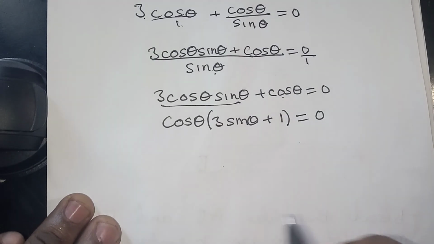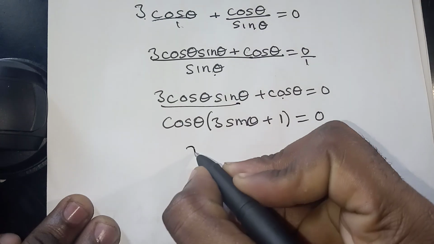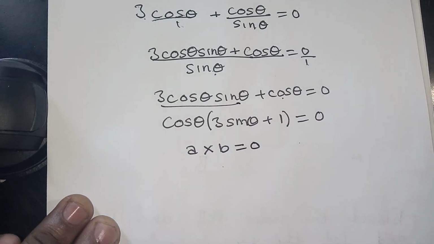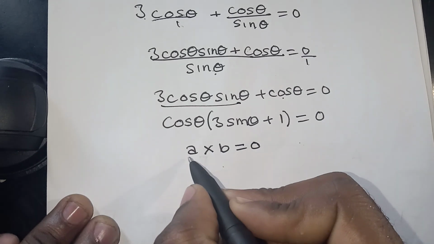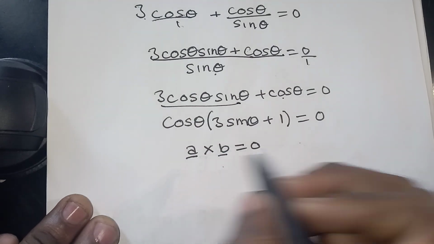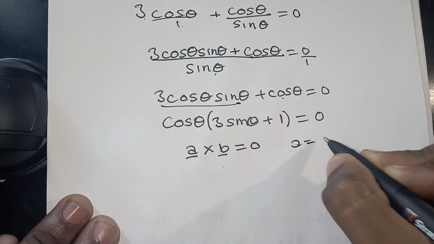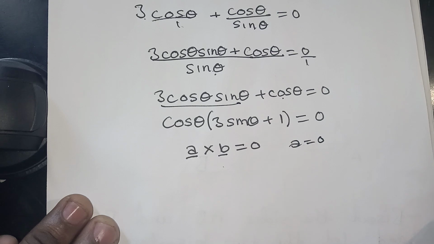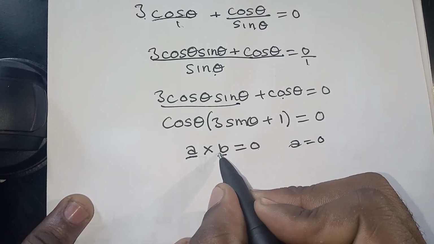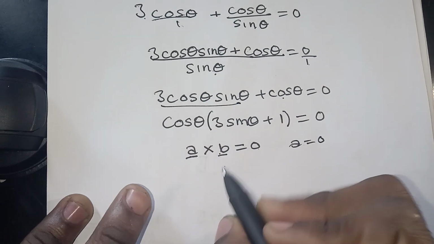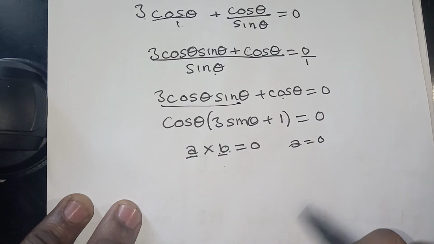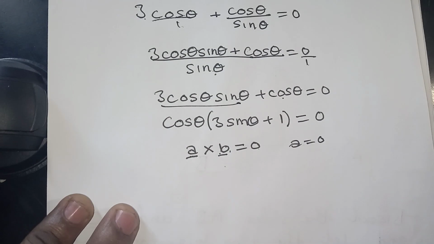Now when you have two numbers multiplying, like A multiplied by B, and the answer is 0, then either this number or this number, or even both, is equal to 0. When A is equal to 0, the product will be 0. When B is equal to 0, the product will be 0. When A and B are both equal to 0, the product will still be 0.